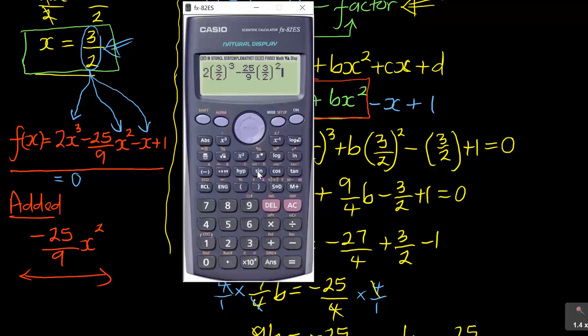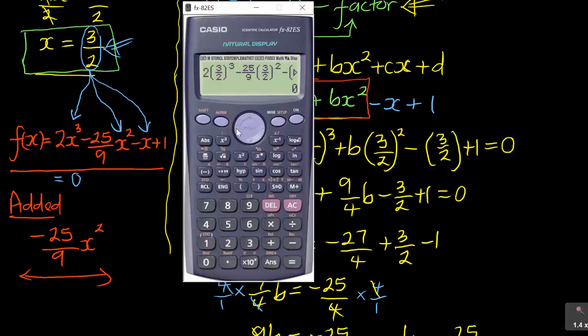Remember, this is my x, so now it's x squared, and then minus, again, bracket, 3/2, and then it's plus 1. So if it is a factor, this must give me a 0, as I said. So you can see that by adding minus 25/9 x squared, it has managed to give me a 0.